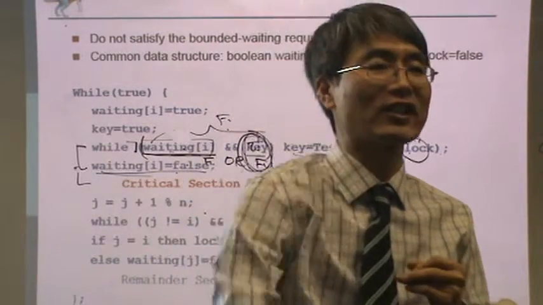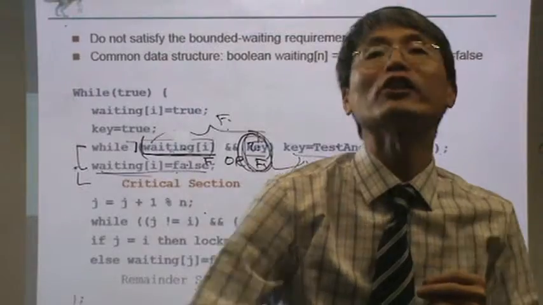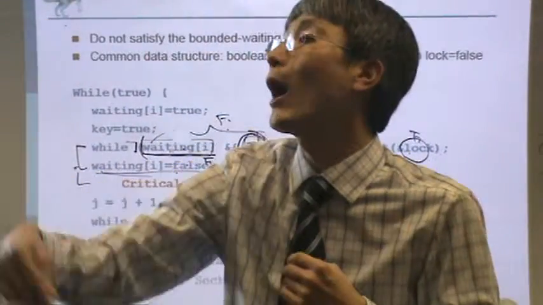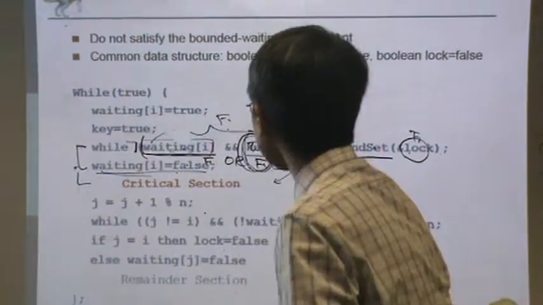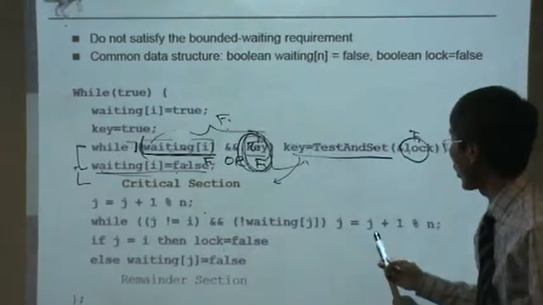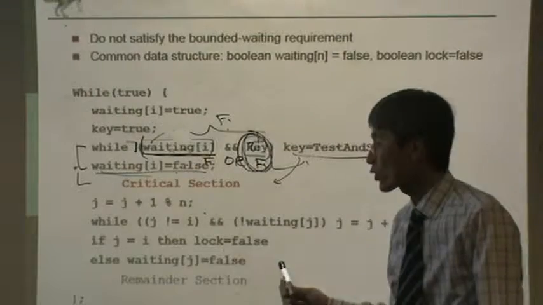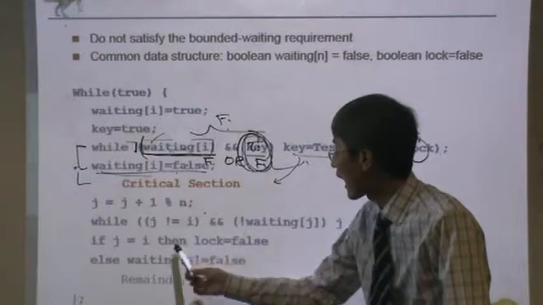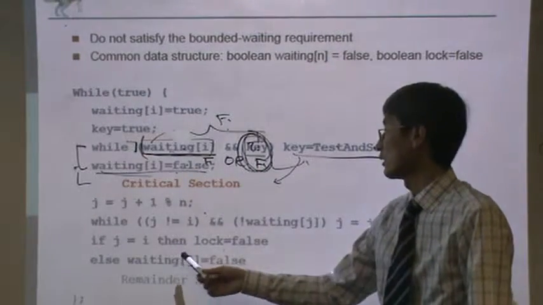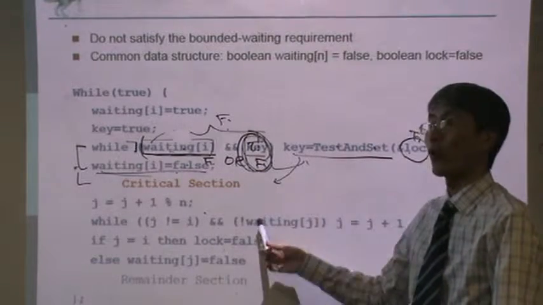What is the worst case? It's the number of processes waiting, so you keep checking until the end of the processes. If there is no other process, then the lock is released.